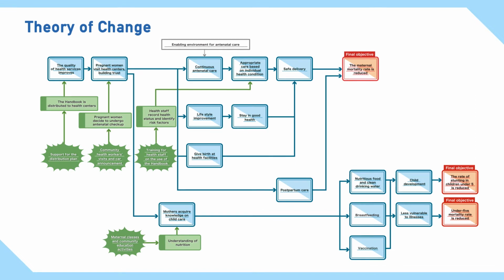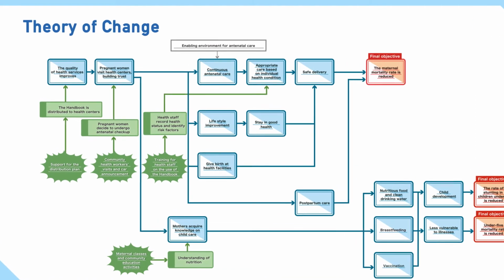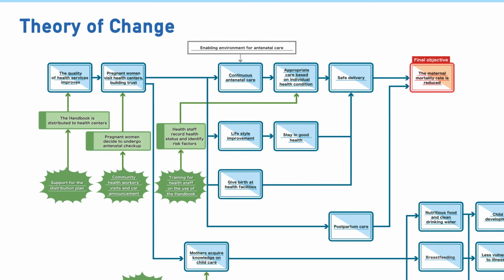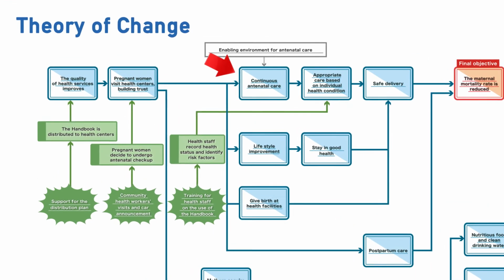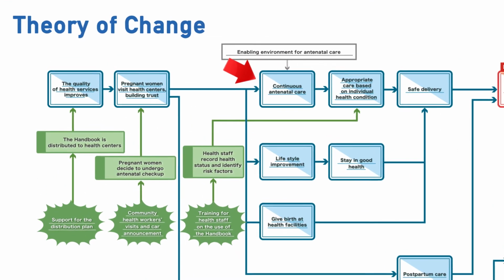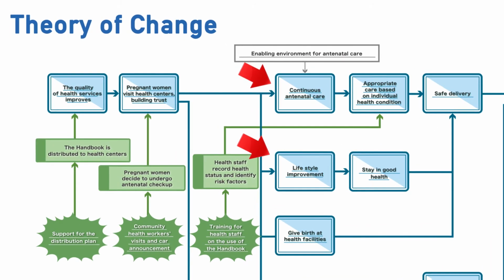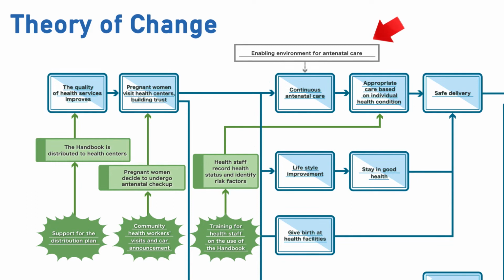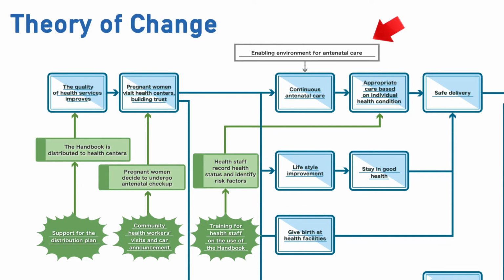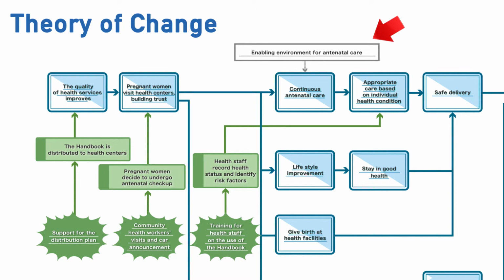When there is better communication with the health staff and pregnant women's understanding on pregnancy and childbirth deepens, they tend to receive antenatal care continuously and improve their lifestyles. It is important to note, however, that in order to create a favorable environment for continuous care, there must be a convenient means of transportation and the family's understanding for the woman's absence from home, for example.